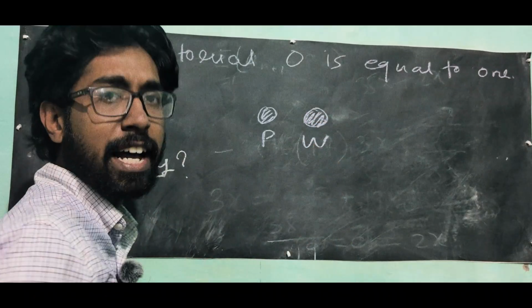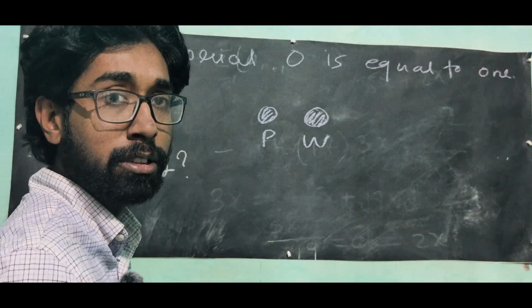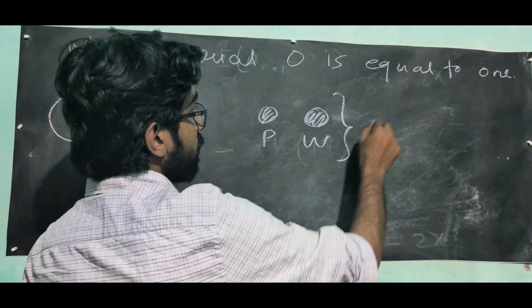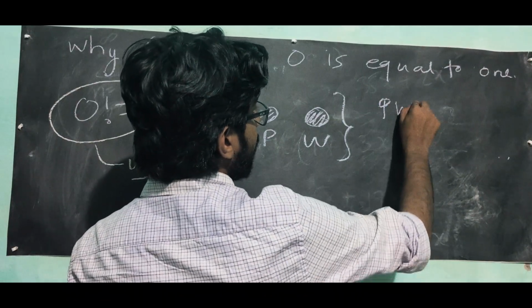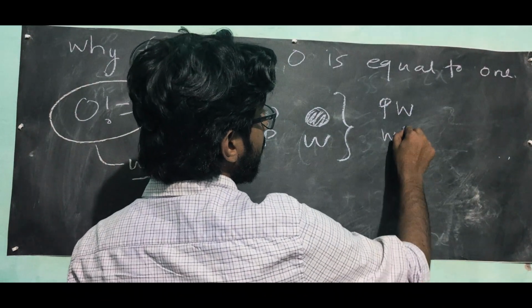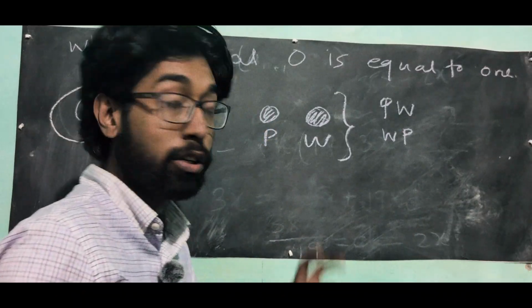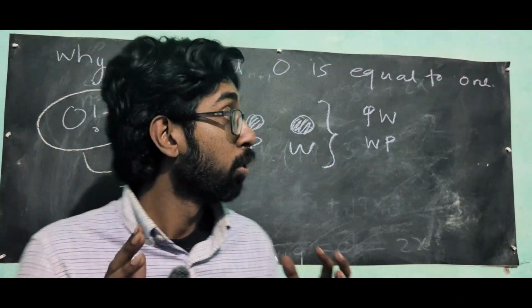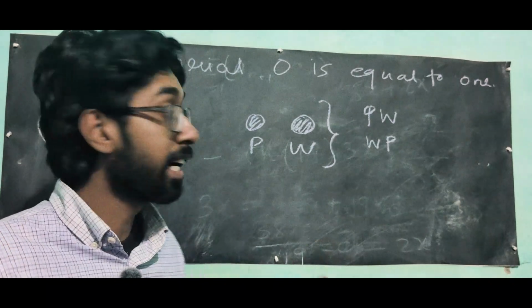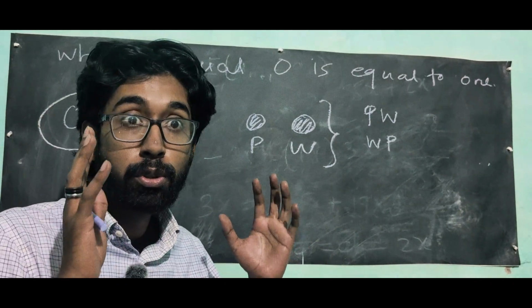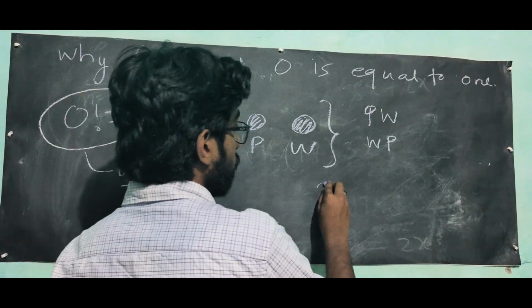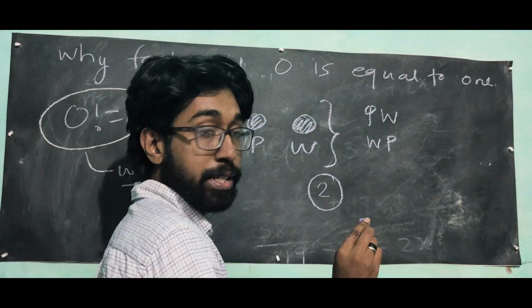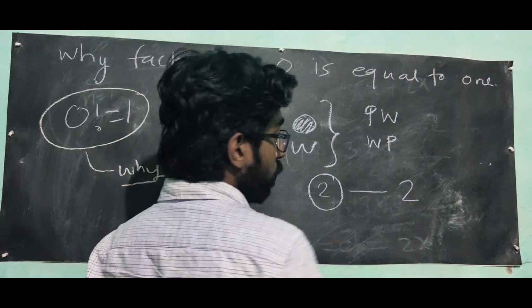How many ways can I arrange them? First I can put purple and then white, or first white and then purple. So there are two ways I can arrange these two balls. Two distinguished objects can be arranged two ways.